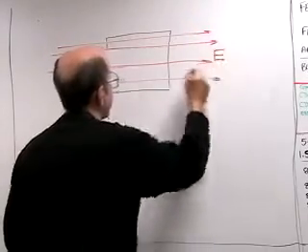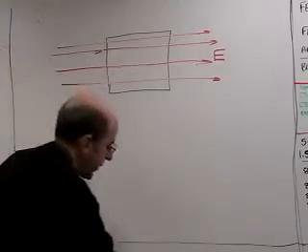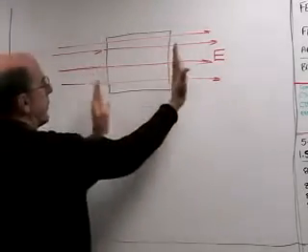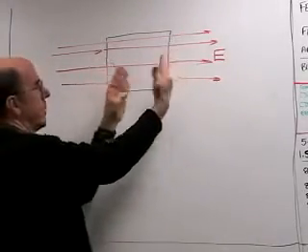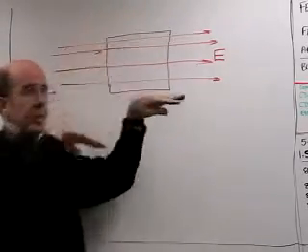So this is E. The electric field is going through this face and that face, and it's going parallel to the 2 side faces and to the top face and the bottom face.